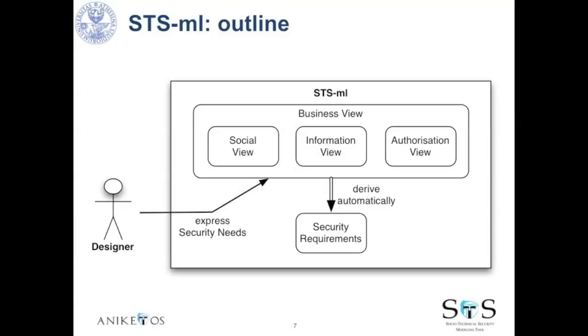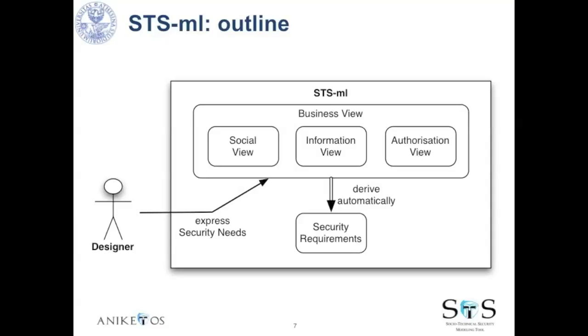Okay. This figure here gives an outline of the modeling language. The language derives security requirements once the other views are modeled. As I said, we have different views, so it allows for modeling socio-technical systems, concentrating on different views at a time.